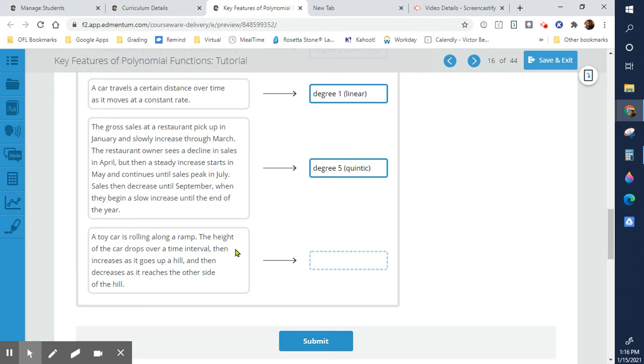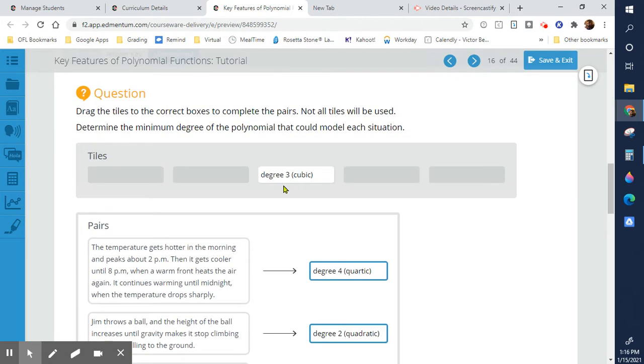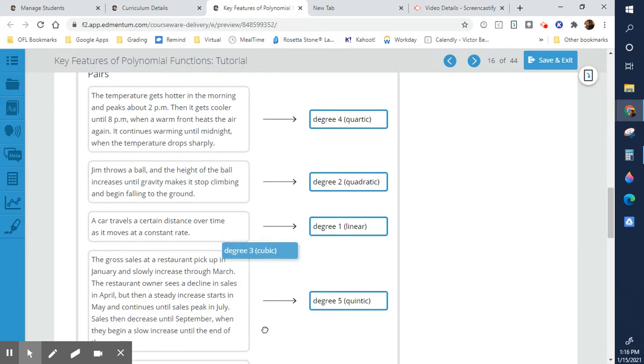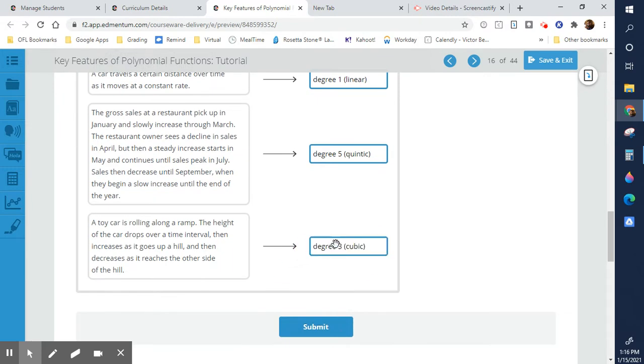A toy car is rolling around. Well, we know it's going to be degree 3, but let's see why. Why is this degree 3? Height. So the height of the ramp depends on the time interval, then increases as it goes up the hill, then decreases as it reaches down the hill. So it's rolling up a ramp.